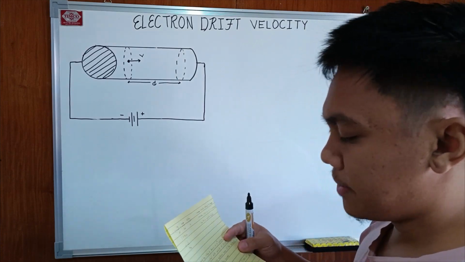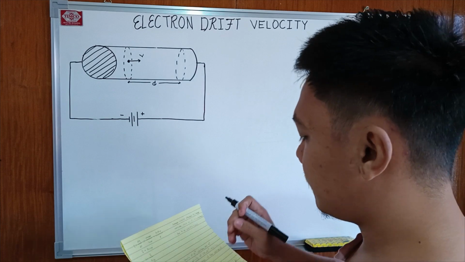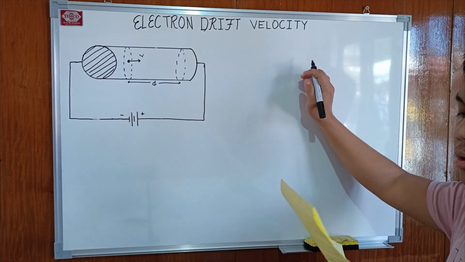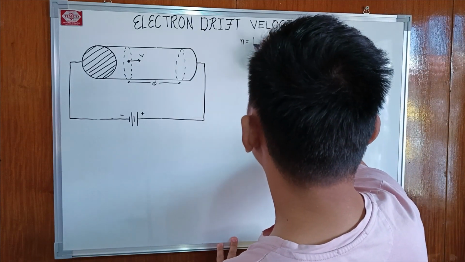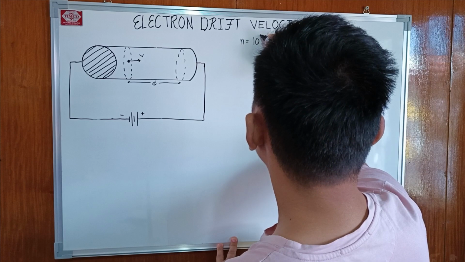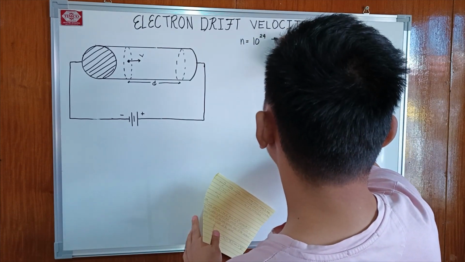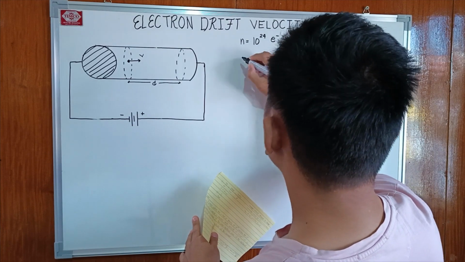So this is the problem. A conductor material has a free electron density of 10 raised to 24 electrons per cubic meter. So this is our n, 10 raised to 24 electrons per cubic meter.